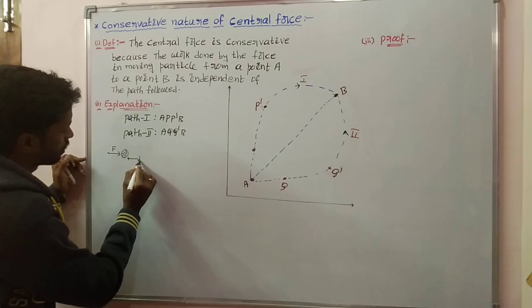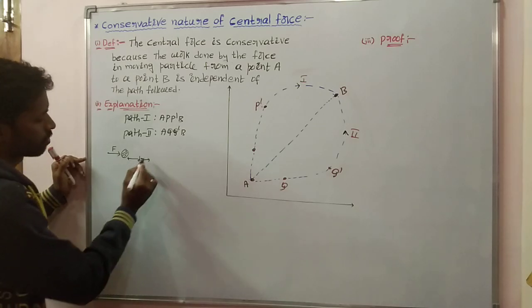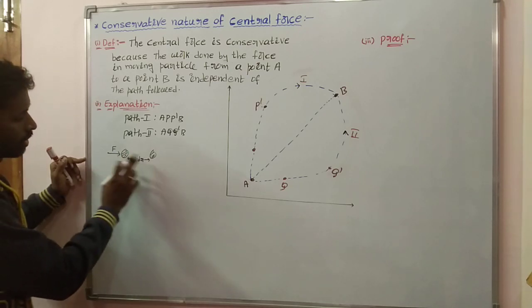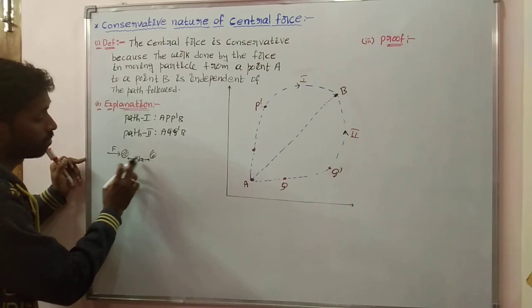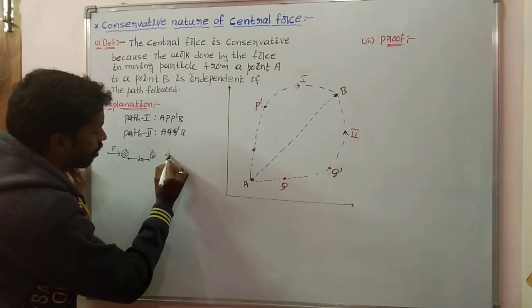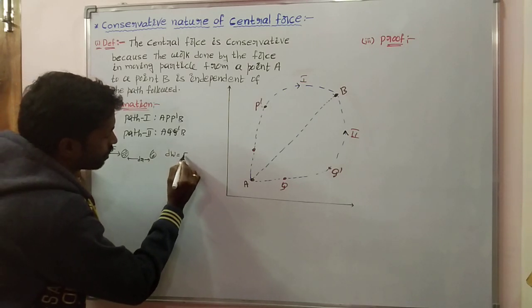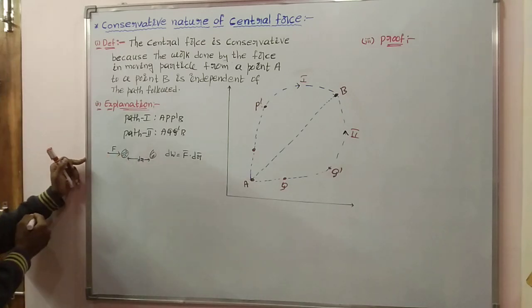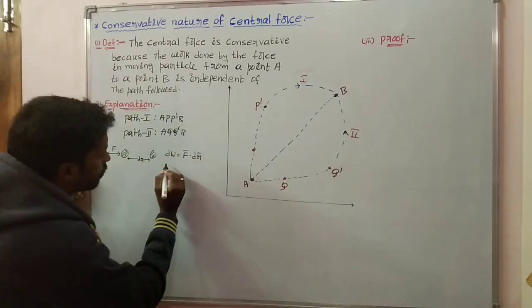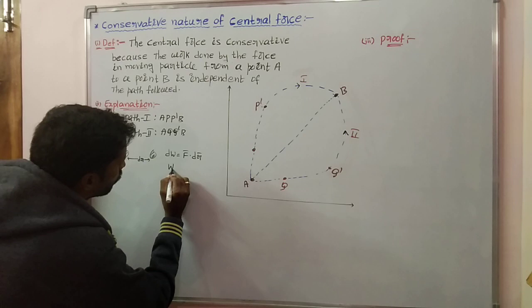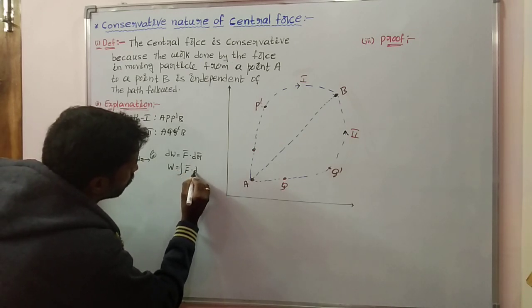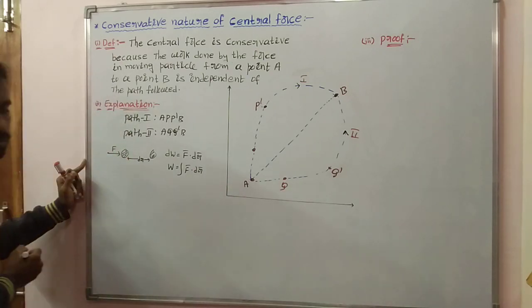A small displacement will occur. It will be displaced, dr displacement will occur here. Then what happens here? Some work will be done here. That small work done dW equals F bar dot dr bar. Now integrating both sides, we get the total work done W equals integral F bar dot dr bar.